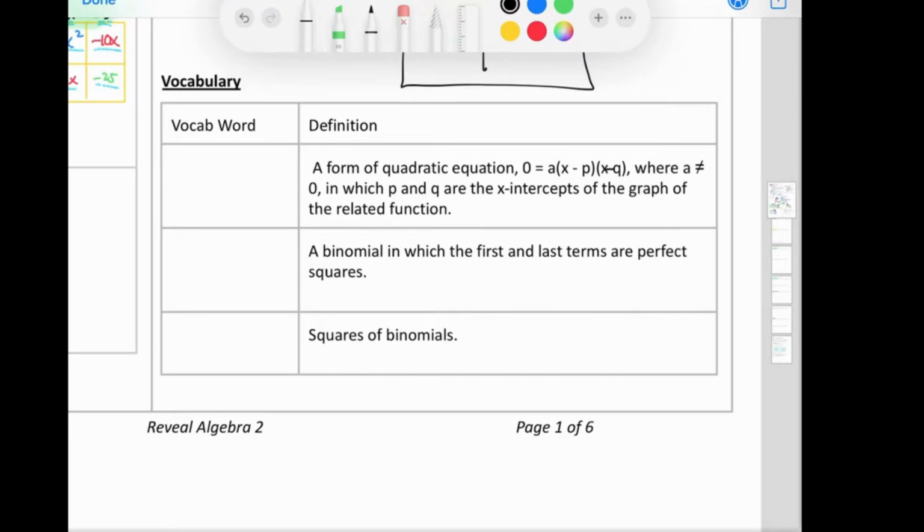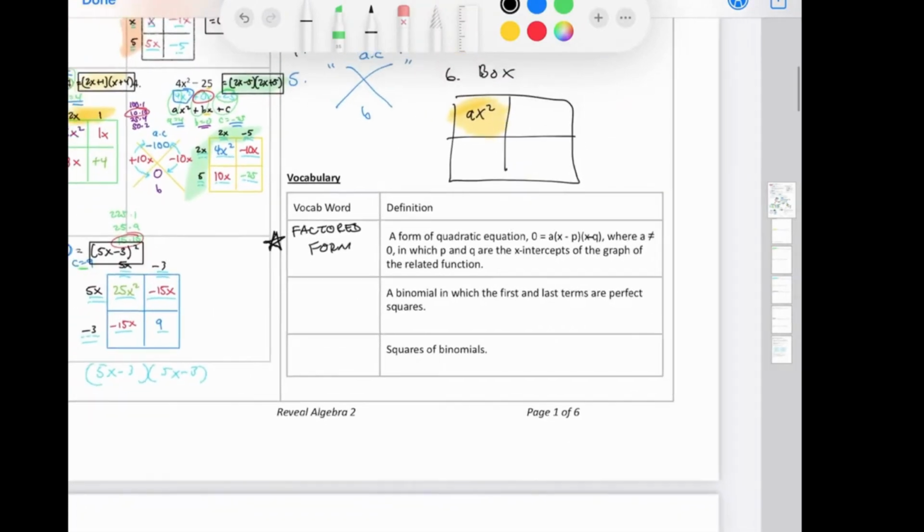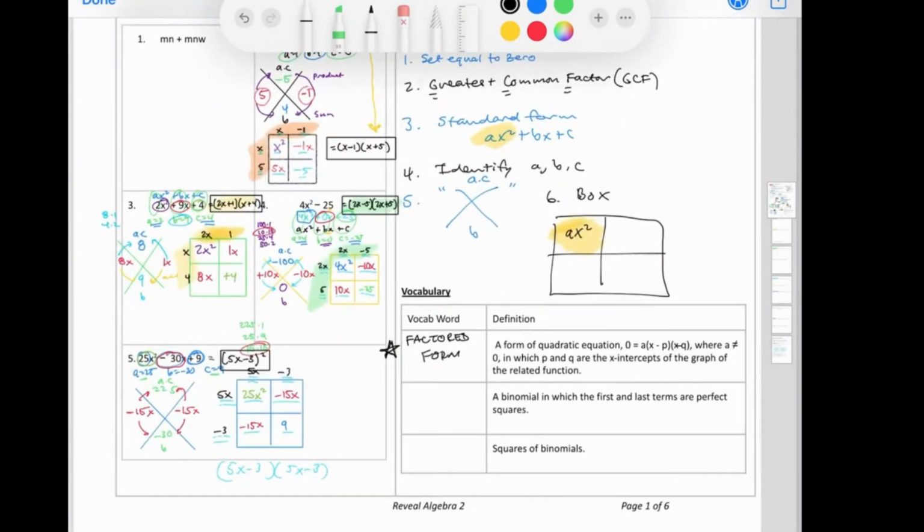This is called factored form. And I'm going to put a big star by this. I don't really use stars, but we've only had one other form so far, which is standard form. So now we have 2 of them, the standard form of quadratics and the factored form of quadratics.